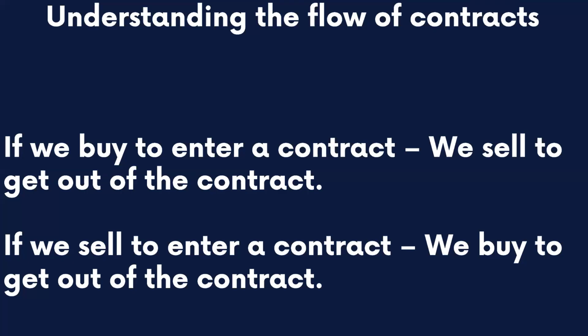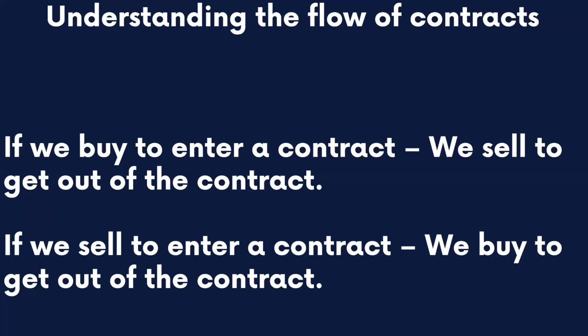I don't have that commodity, so I better sell that contract to somebody else, because somebody else is going to deliver it. So if I buy that agreement and then sell that agreement, I'm selling it to somebody else, which takes me out of the contract. Sell to get out of the contract.